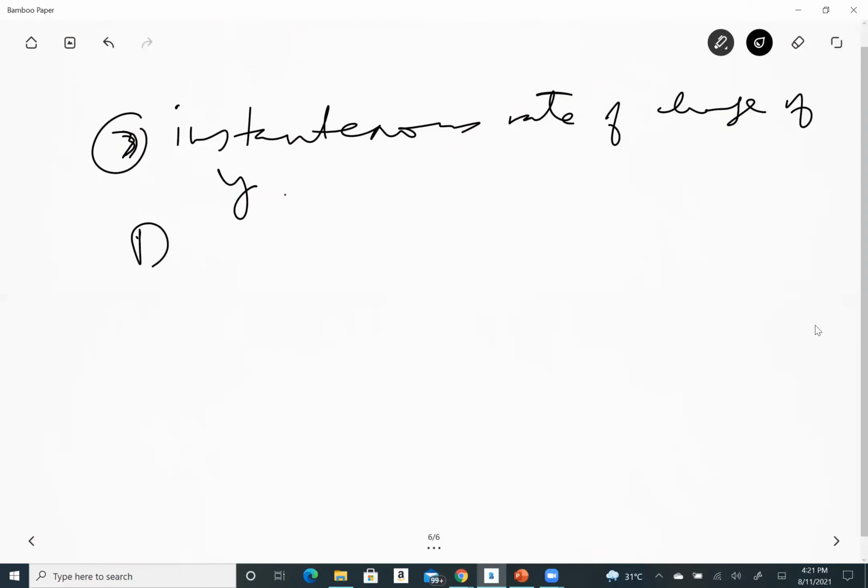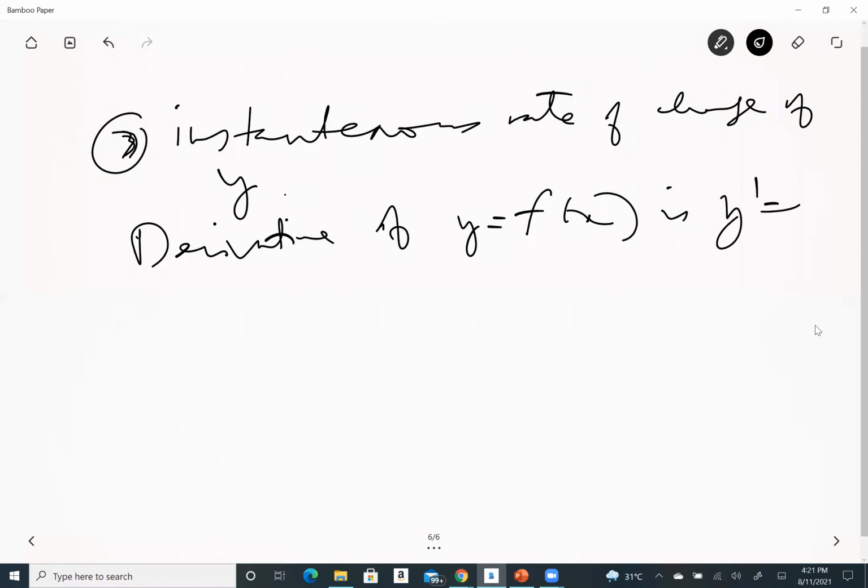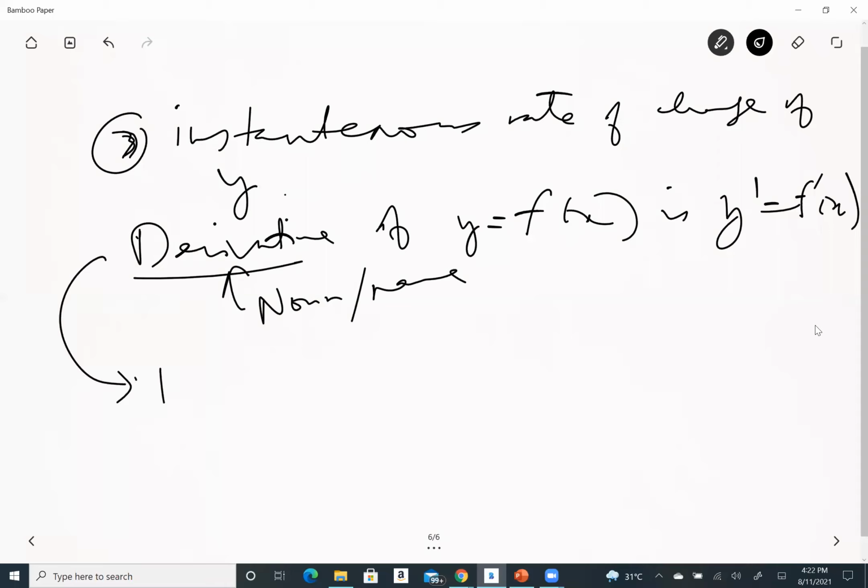The derivative of y equal to f of x is y prime equal to f prime of x. That is the name; you call it the noun. Now the process of taking the derivative, we say differentiate the function.